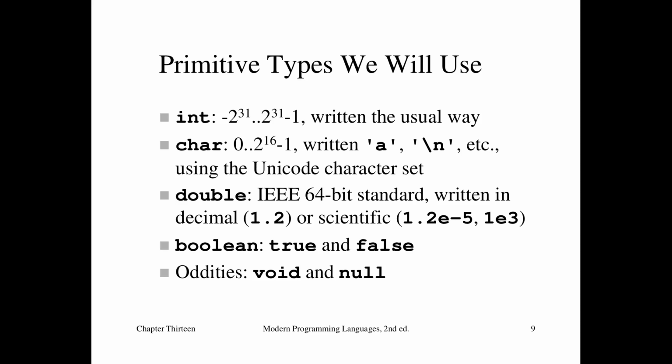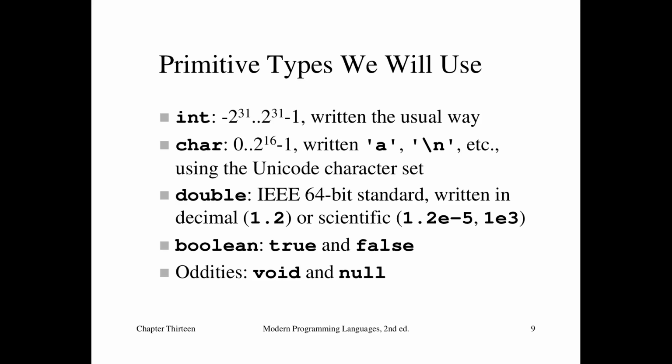So essentially we can think about this as an int is a 32-bit numerical value. Character is really a character, as in a single part of a string, but it's also a number, a 16-bit integer, and it's there to represent the Unicode character set.